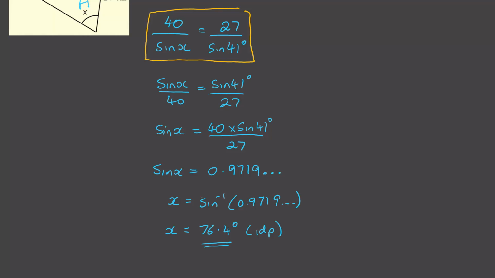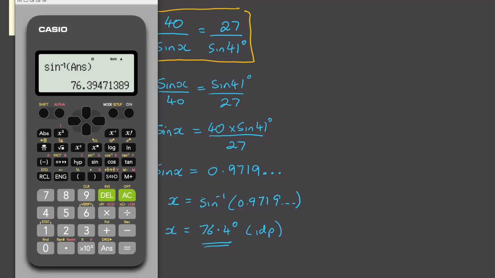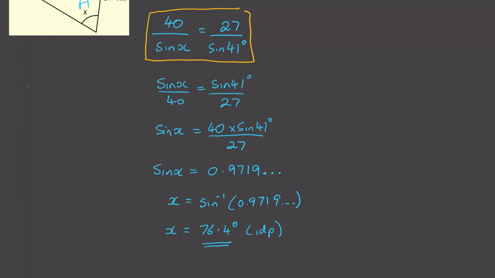Now, just as an aside, let's do the sine of 76.4. It's 0.9719 and so on.